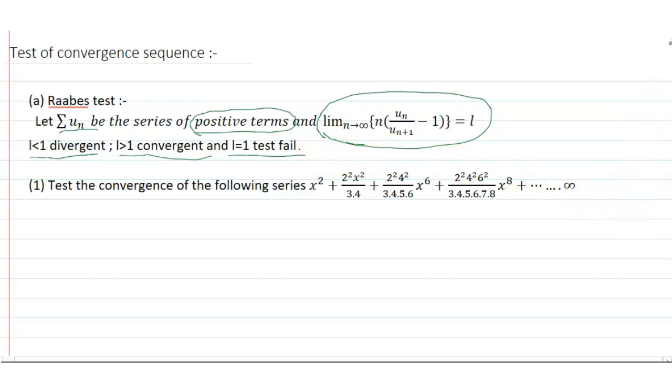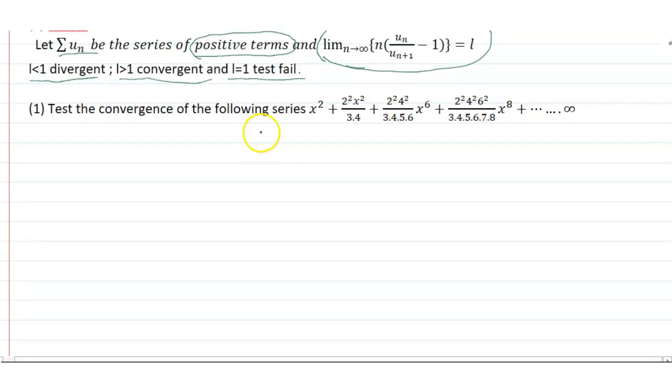So friends, I choose a sequence: x squared divided by 2 squared, x to the power 4, and so on.